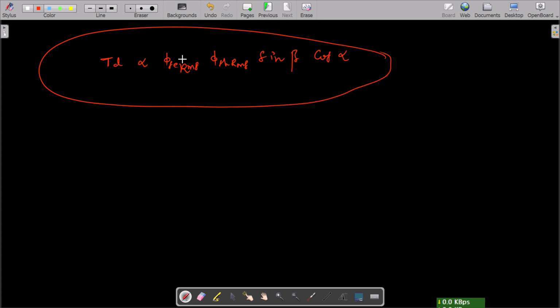Okay, for the ideal case this beta will be equal to 90 minus phi, and for the practical case beta is equal to delta minus phi. Okay, here the resistance of the shunt coil will be 0. Here the resistance of the shunt coil will not be equal to 0.